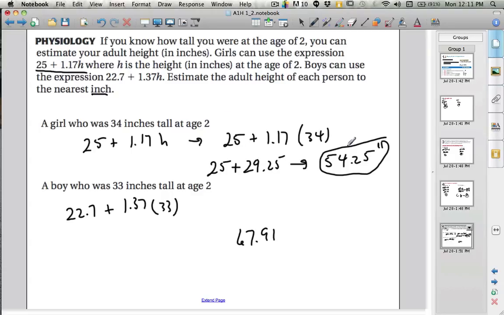Oh, and nearest inch, so this one would have just been 54 inches. 54 inches. And 67.91, that's going to be 68 inches to the nearest inch. So I should not have left this as a decimal. I should have rounded it. 68 inches. So you see, even though the boy was an inch shorter at age 2, his expected adult height is 14 inches taller as an adult.